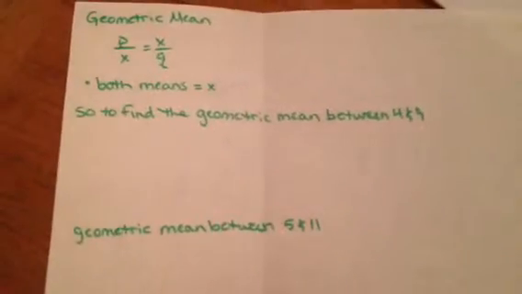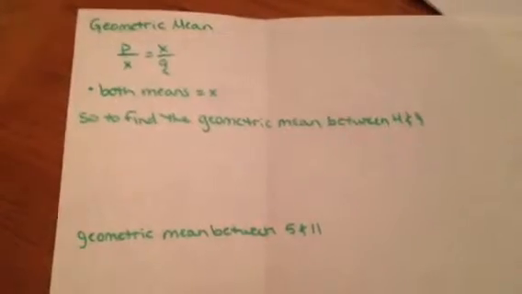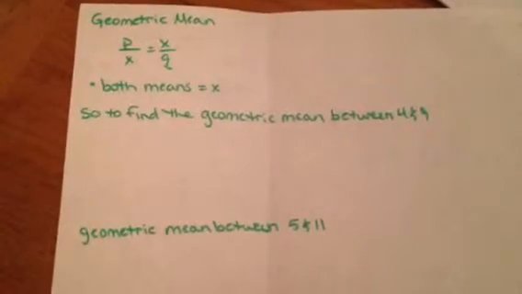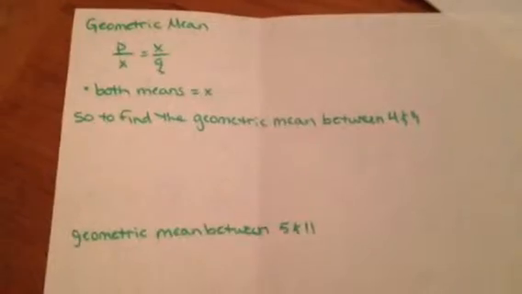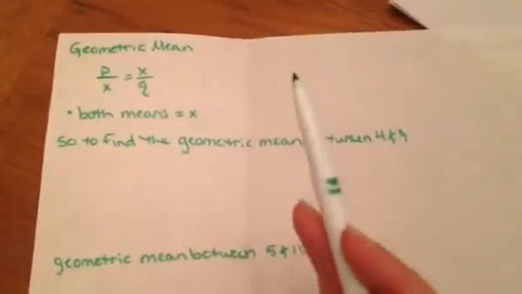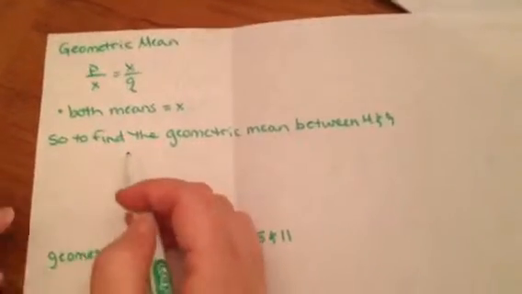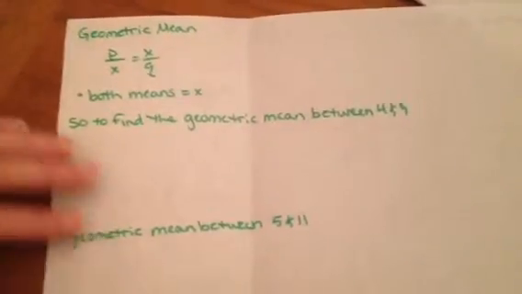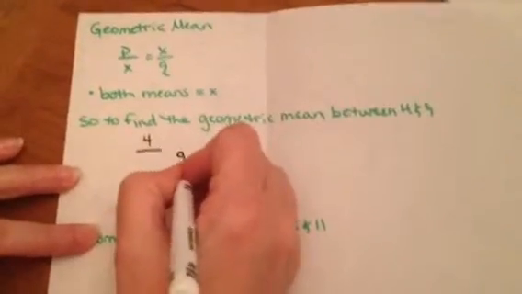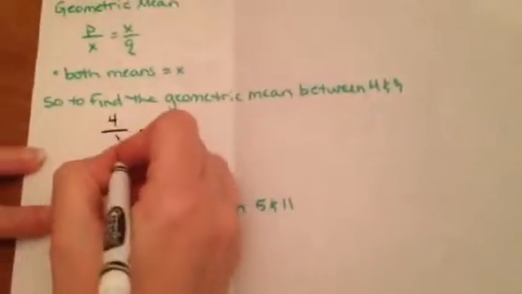The last thing that you need to know in this particular section is what a geometric mean is. The geometric mean is when both of your values of your means are exactly the same. So if I wanted to find the geometric mean between 4 and 9, I would set up a proportion with 4 and 9 as the extremes.